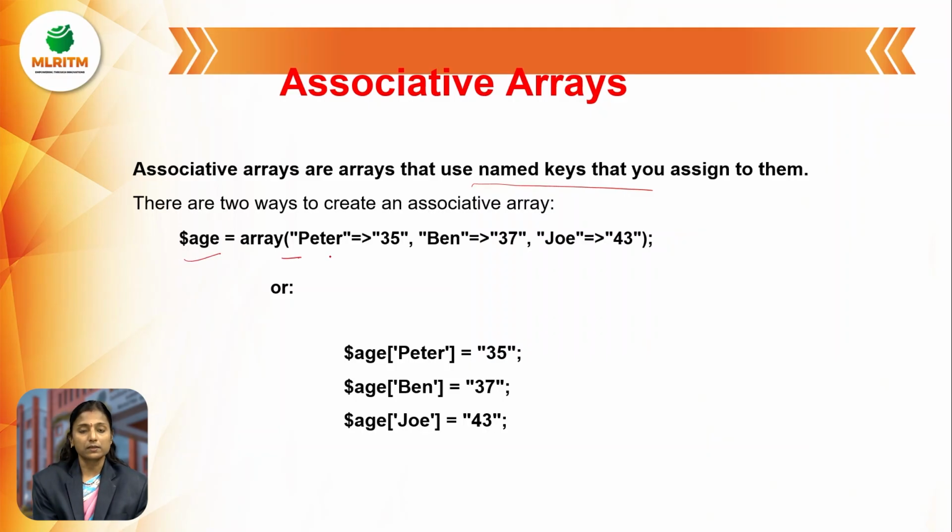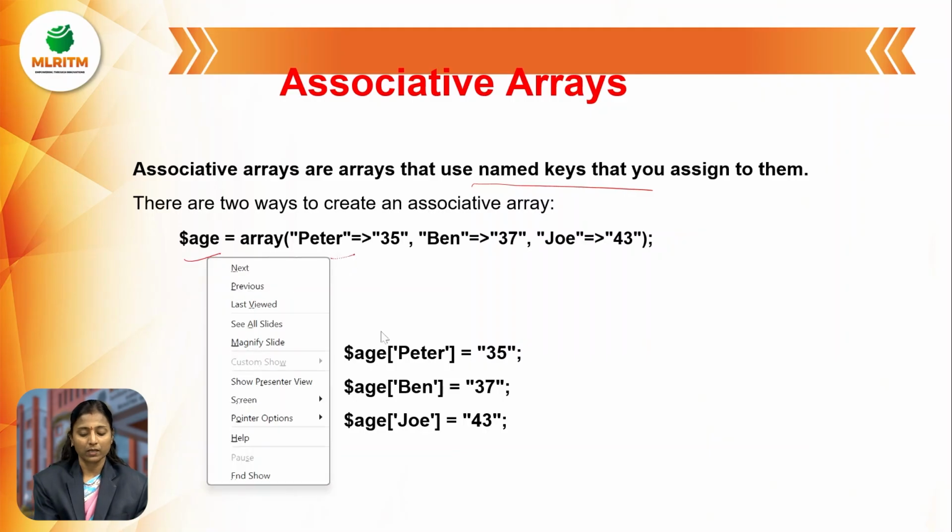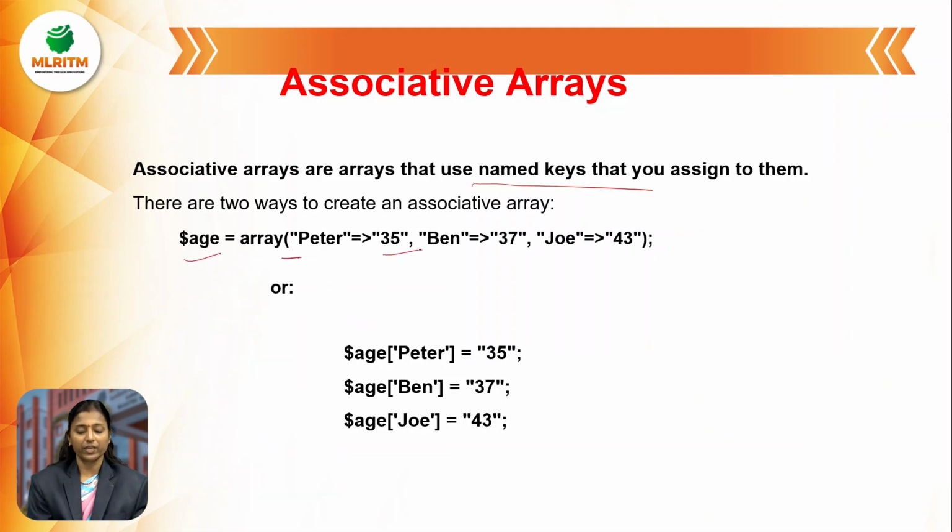Okay, this is a name. This is the name, age of that person. Or else we can create in another format, that is array. Array of name is equal to age. We can take in this format.